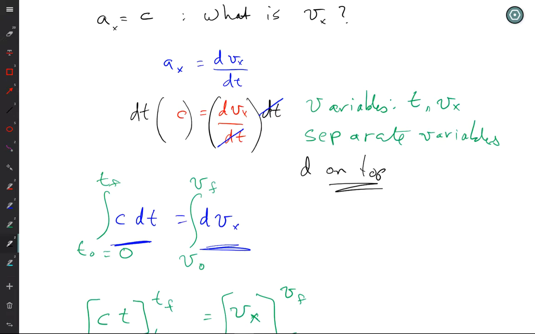Here is your analogy of what we just finished. What was our first step? Okay, the first time we had ax and we substituted ax as dv dt, so we eliminated the variable we don't want. So now what variable do we want to substitute for?